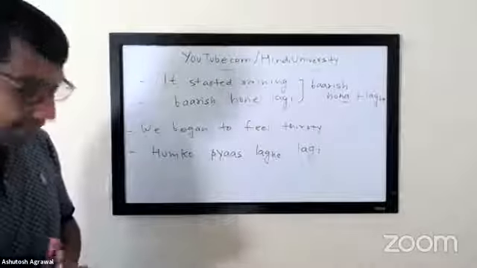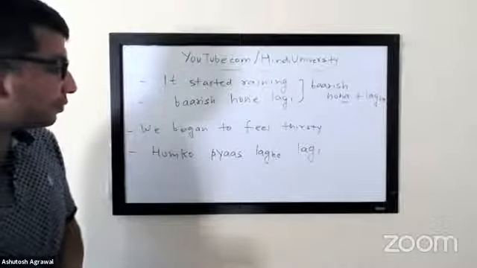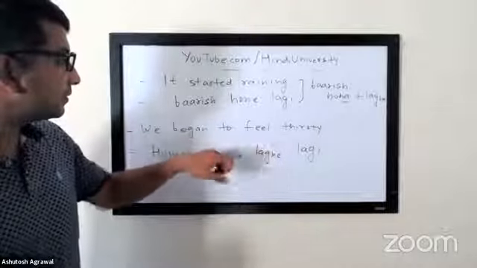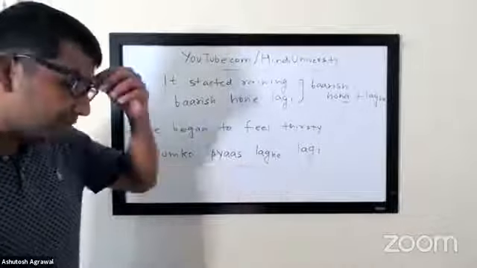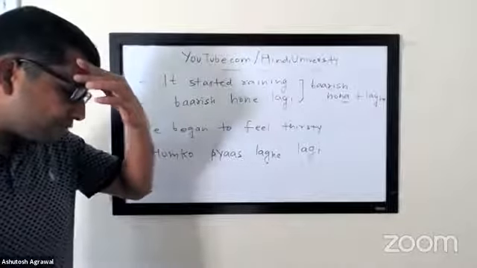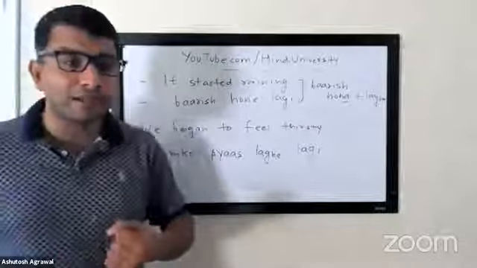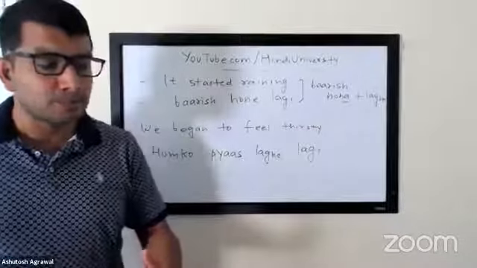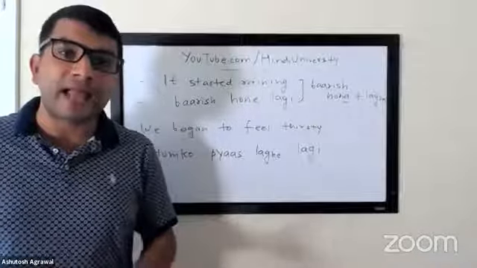Any questions? Why is it lagne instead of hua or hona for the first? Why is it lagna twice? Which one? For humko pyas lagne lagi. Why isn't it humko pyas hua lagi or something? Why is it lagne lagi? Pyas, it's the condition that is attached to you. It's not like it happens, right? It's like bhook also. Bhook doesn't happen.